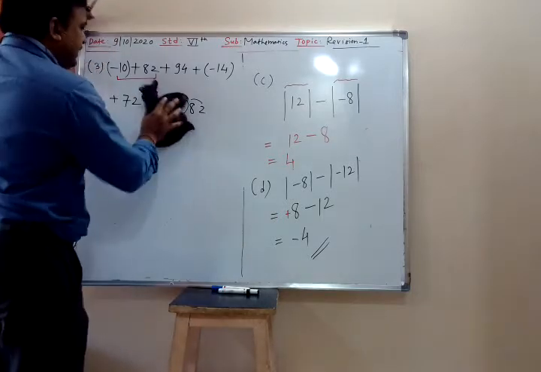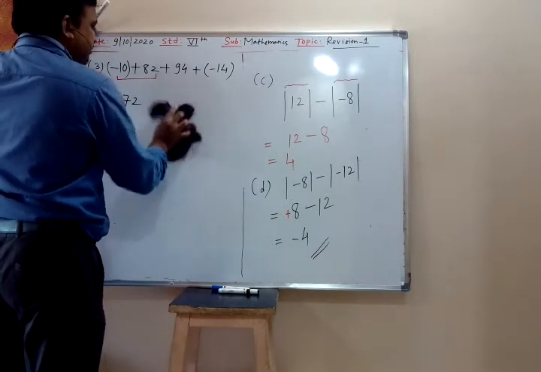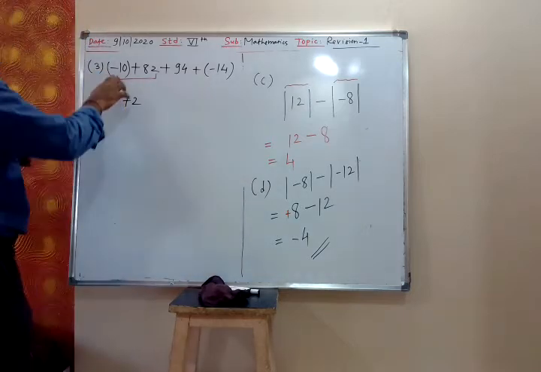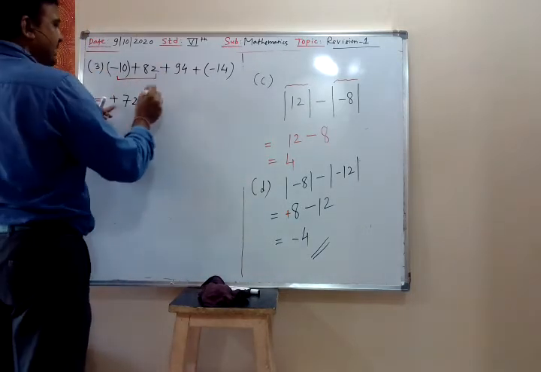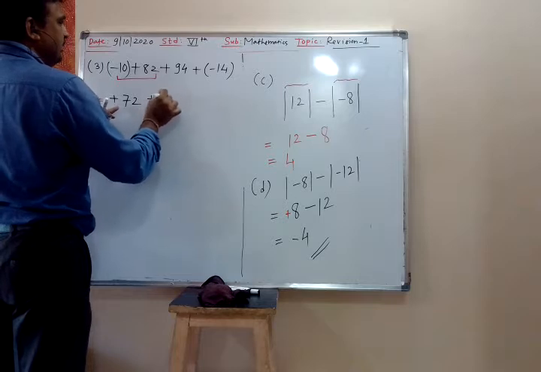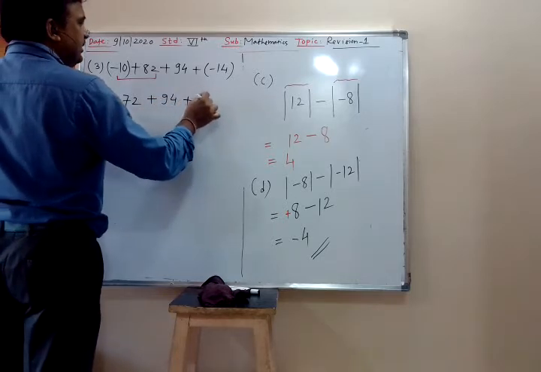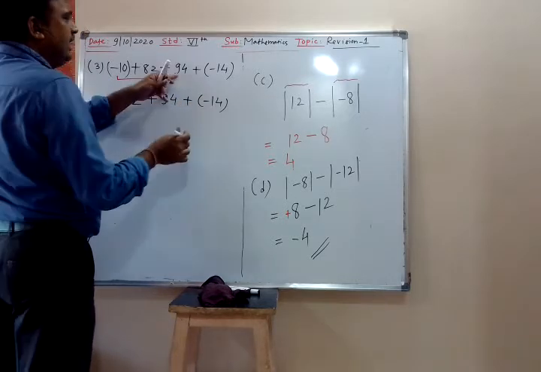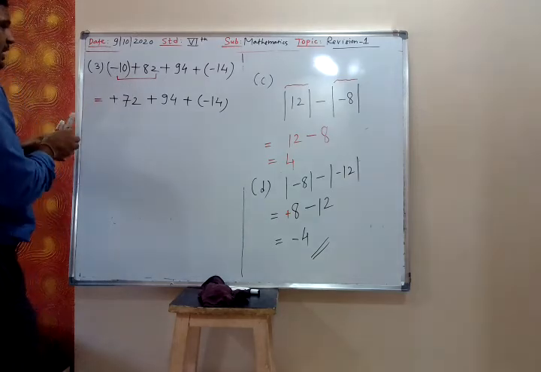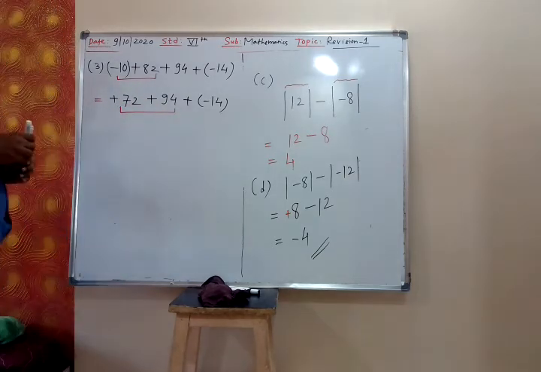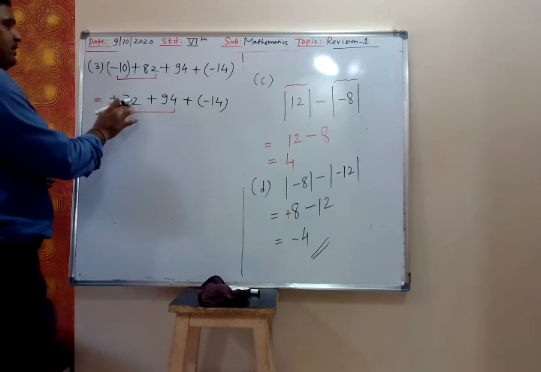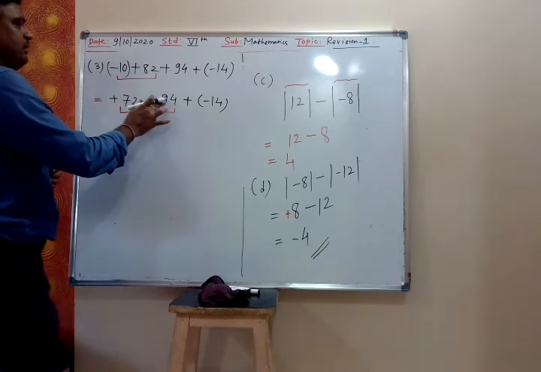Then the other numbers we write as they are. Minus 10 plus 82 is plus 72. Then the other number we write as it is: plus 94 plus minus 14. Now next step, I will simplify these two. Plus 72 plus 94. The sign of 72 is plus, the sign of 94 is plus.